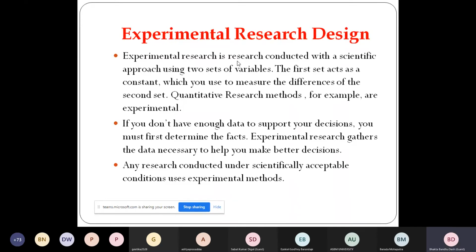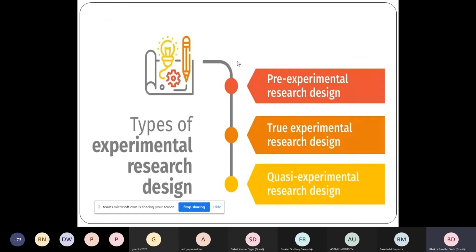And if I tell you about the experimental research, there are three types of experimental research designs: pre-experimental research design, true experimental, as well as the quasi-experimental research design.